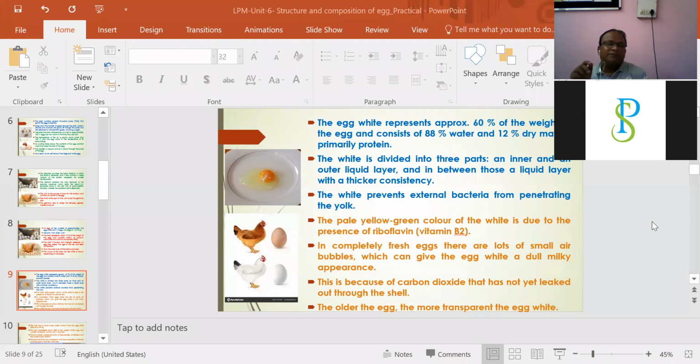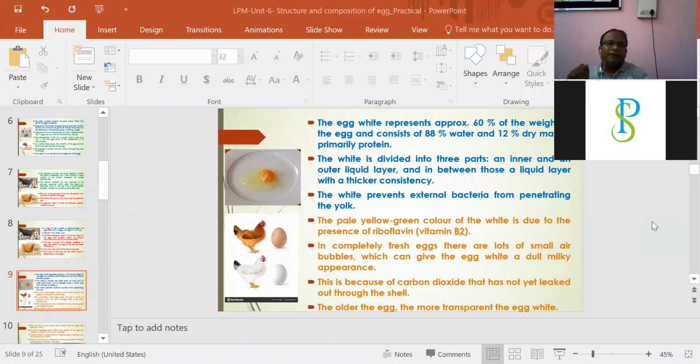Why do these bubbles occur? This is because of the carbon dioxide that has not yet leaked through the shell. The carbon dioxide present inside the egg, which has not come out from the pores of the egg shell, is converted into bubbles in the albumin.